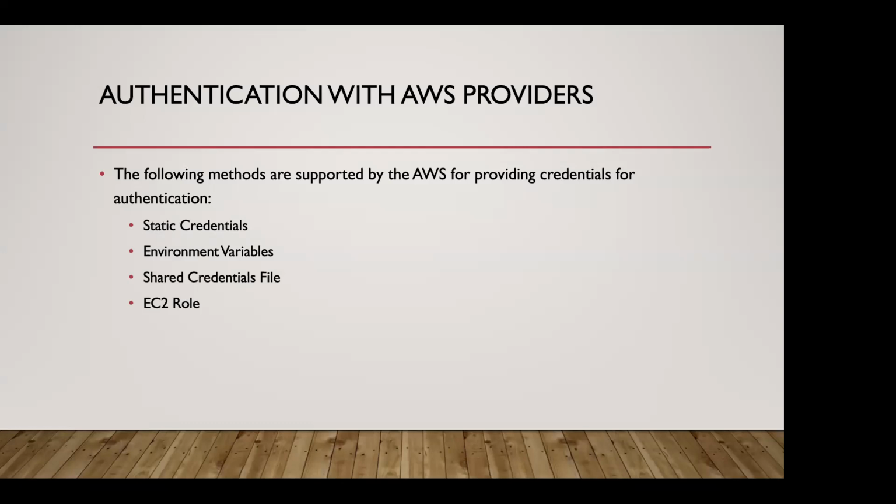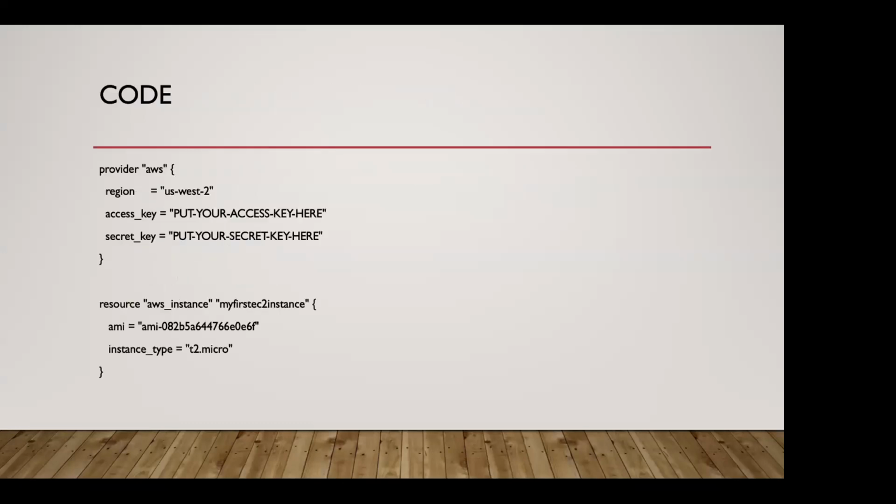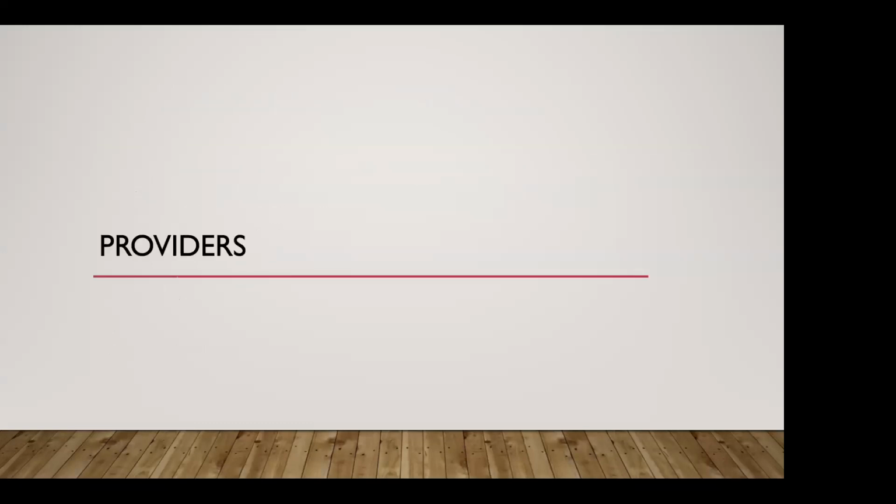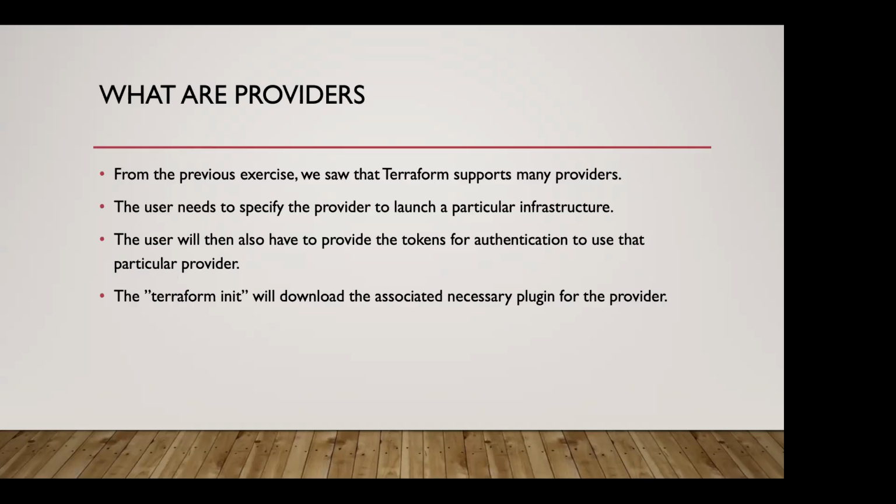So these are 4 different ways of authenticating into AWS using Terraform. Okay, this is simple code for spinning up an AWS instance, which we already looked at. Providers, we already spoke about it. What exactly do Terraform providers do? With terraform init, it will download the necessary plugins that are needed for that particular provider.